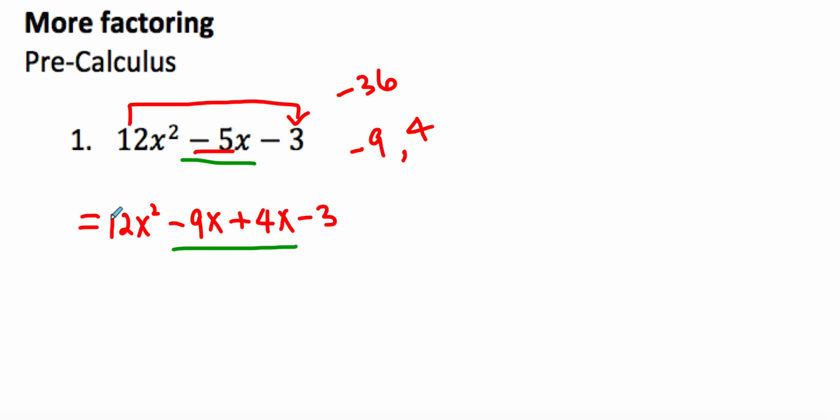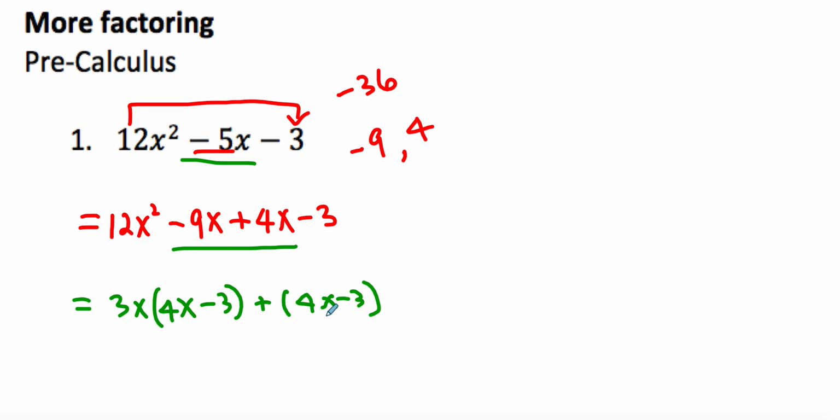Now I can combine the first two terms and the second two terms, meaning find the common factor between the first two terms. 3x is common. Then we realize 4x minus 3 is the other factor. Now when I look at the last two terms, I realize that that's exactly what it is, so I can just rewrite it in this way.